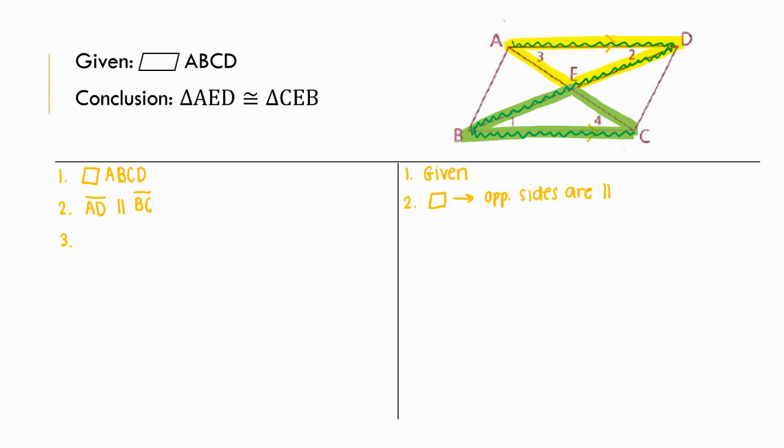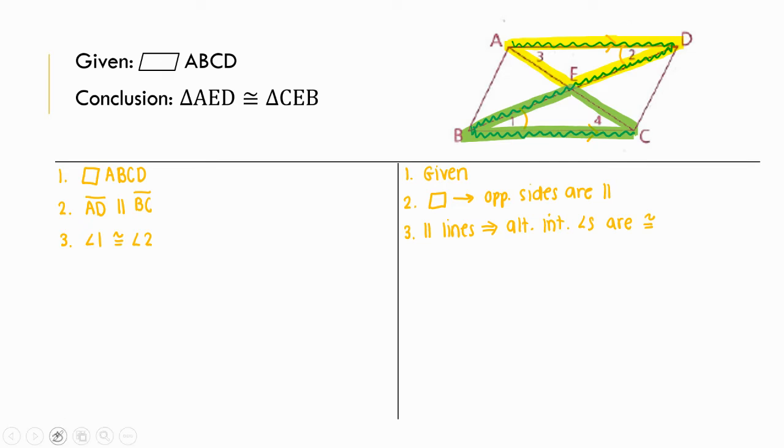So the numbers that fall within that Z are angle 1 and angle 2. And remember, when we have parallel lines, so this is our reason why they're congruent, we have alternate interior angles that are congruent. So angle 1 and angle 2, those are alternate interior angles. So I can go ahead and say that they're congruent.